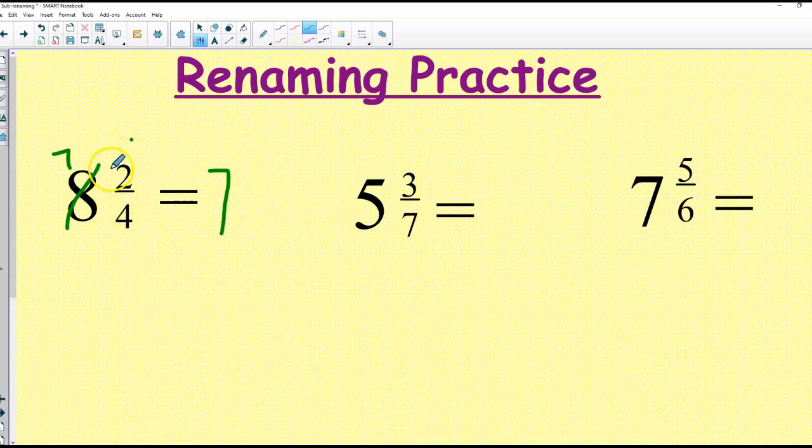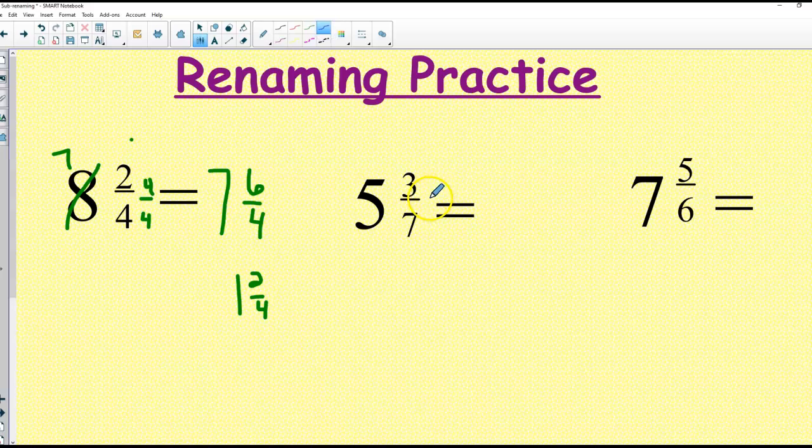Now I need to add 1 whole to this one. So by keeping the same denominator, in order to make it equal to a whole, I need to add 4/4. And then if you add those together, you get 6/4. Again, you can check yourself. 6/4 would be 1 2/4. And then this 1 plus our 7 gives you the 8 2/4 you started with.